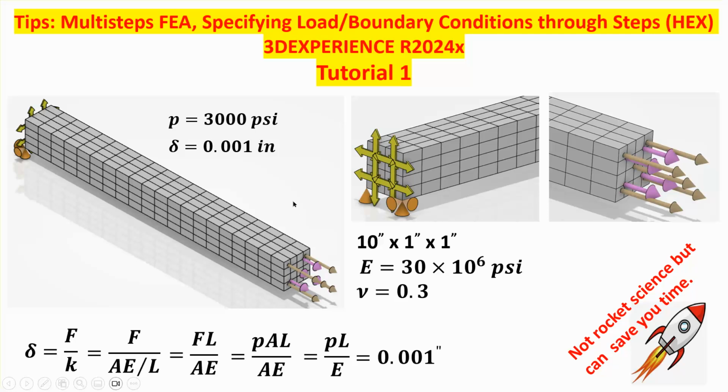So what that means is that you apply a pressure of 3,000 psi, and this end is going to displace by 0.001. Or if you apply a displacement of 0.001, the force required to do that is 3,000 psi times the area, which basically is 3,000 pounds. And this applies to either compression or tension.